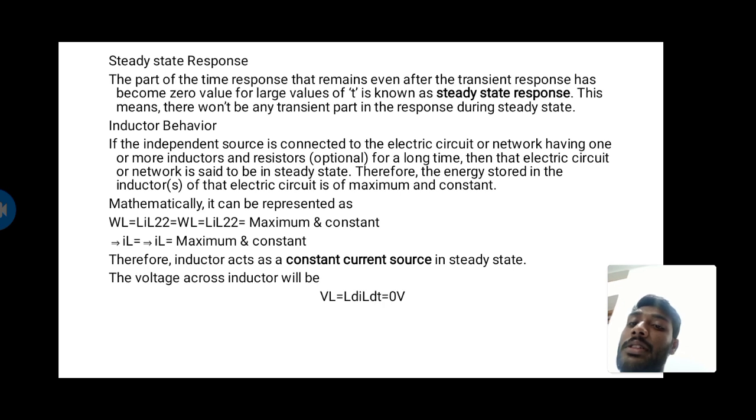Mathematically, WL = (1/2) L IL squared, which is maximum and constant. IL is maximum and constant. Therefore, the inductor acts as a constant current source in steady state. The voltage across the inductor will be VL = L di/dt = 0 V.